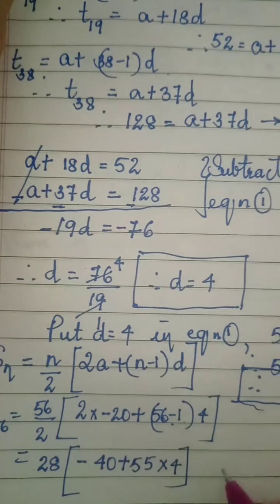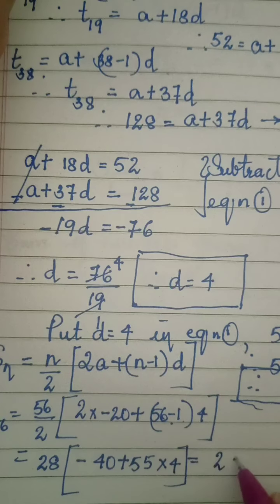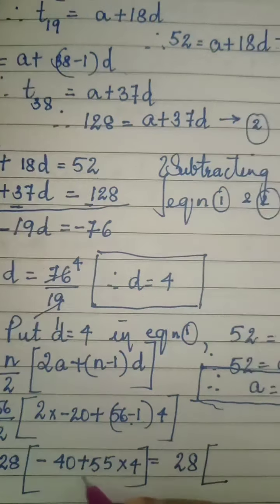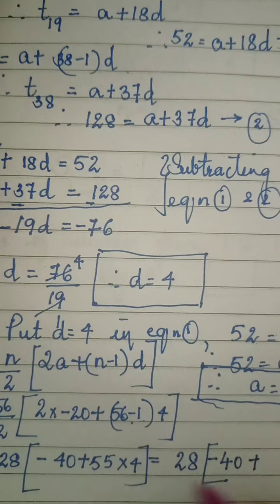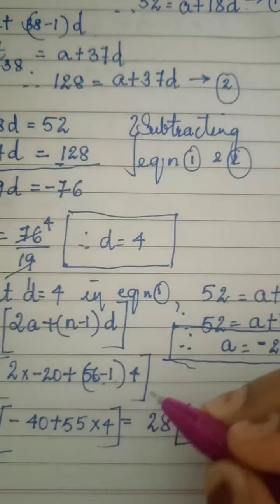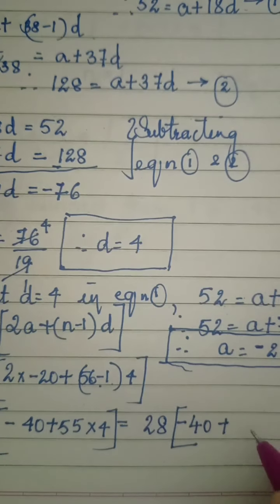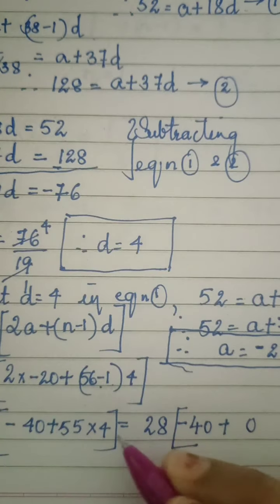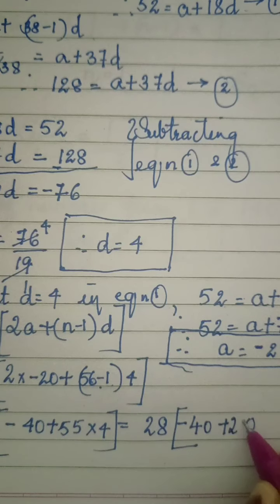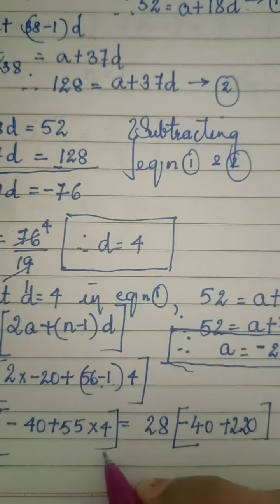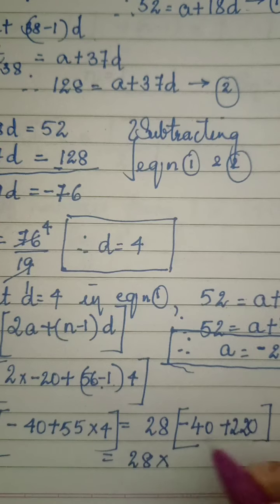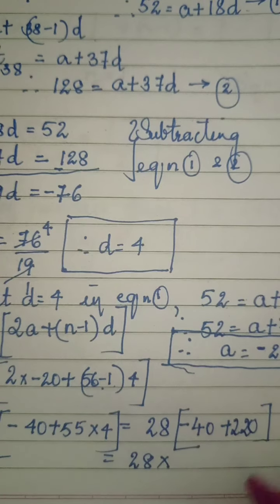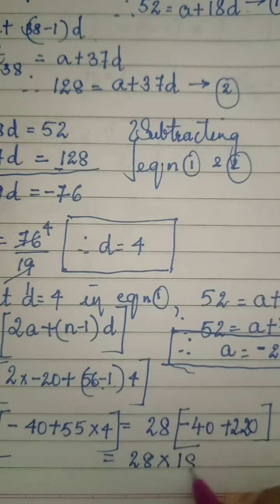First to multiply, this will be 28 bracket start minus 40 plus 55 into 4 will give you 5 4s are 20, carry 2, 5 4s are 20, 22, 220. So finally you have 28 into 220 minus 40. 220 minus 40 will give you 180.